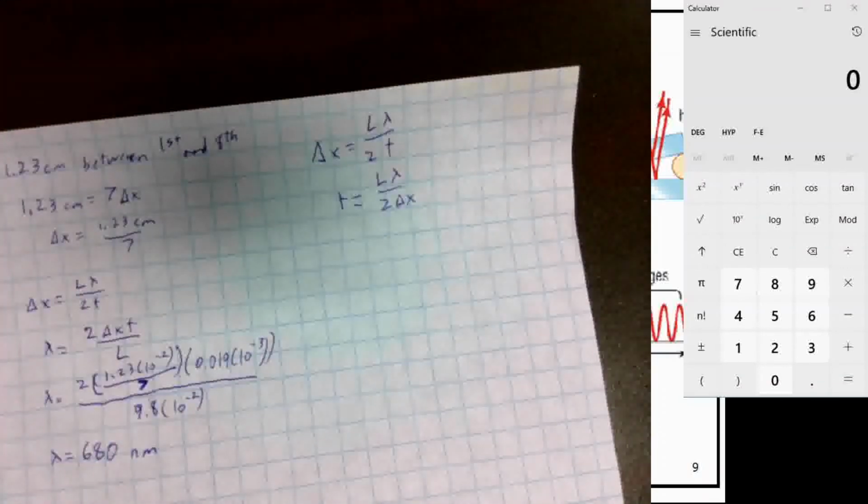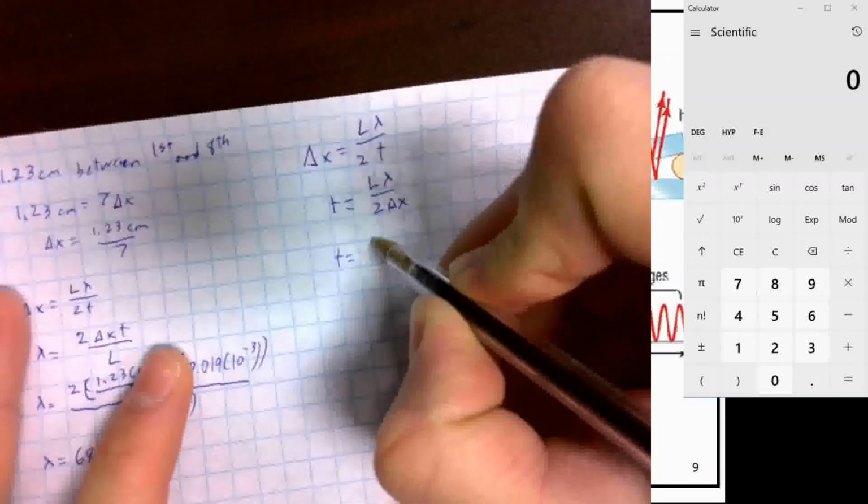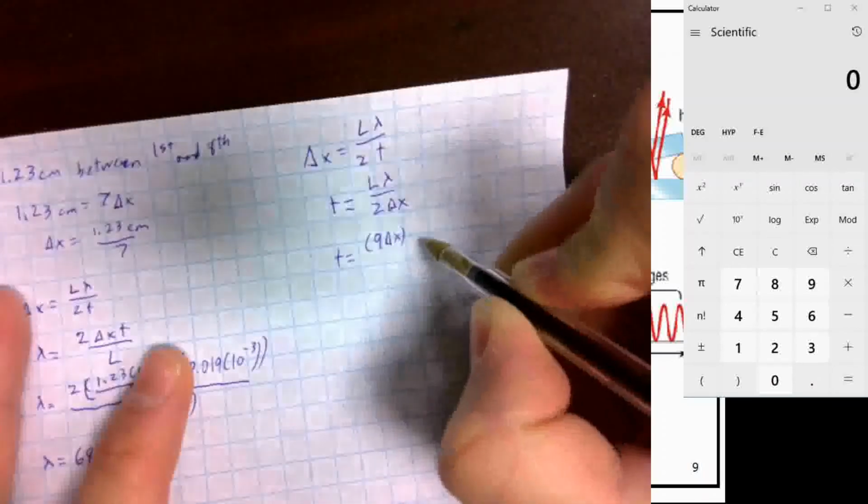Now, one thing you might notice is you weren't given the delta x value here. So a hint is, if you're not given the delta x and you're going to need it to solve, try to write your L in terms of delta x. So what we do, L is 9 delta x.